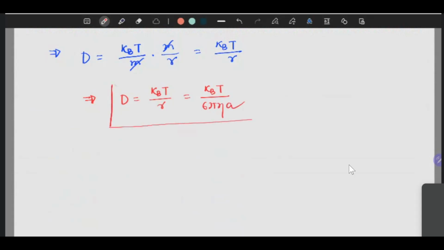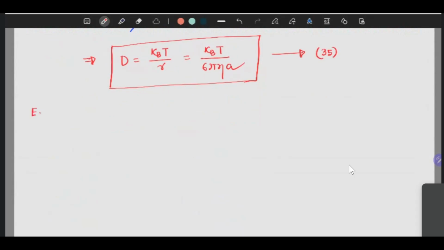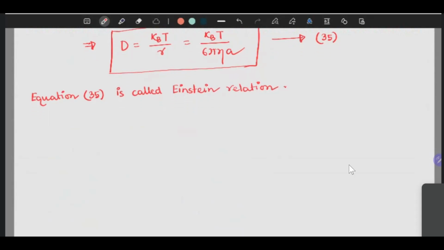So equation 35 is called the Einstein relation. And this Einstein relation is also a fluctuation-dissipation relation. Okay, so some notes.